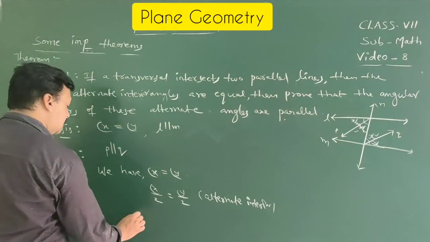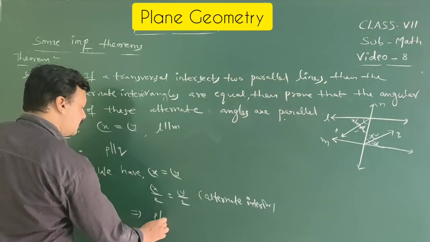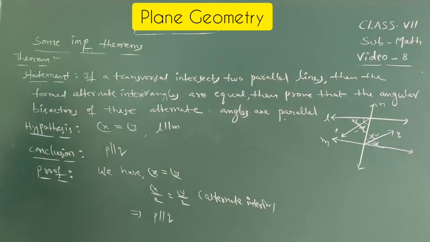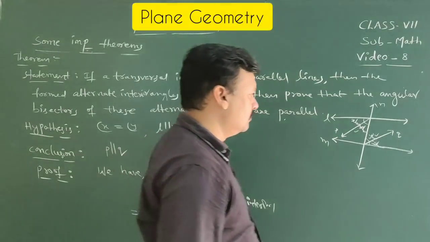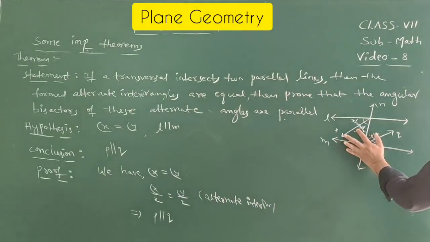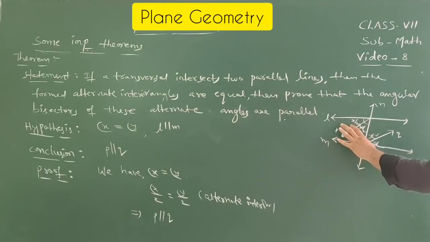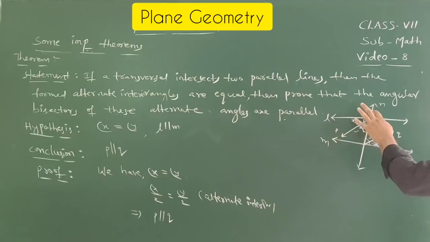If alternate interior angles are equal, lines are parallel, according to the converse of the alternate interior angles theorem, because these two lines are intersected by transversal N. So X by 2 equals Y by 2, and they are alternate interior angles.